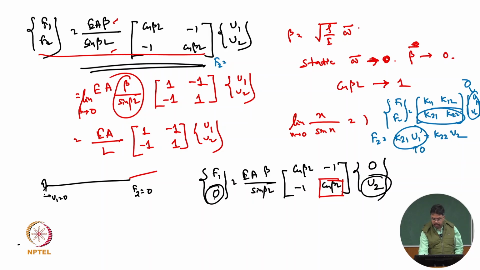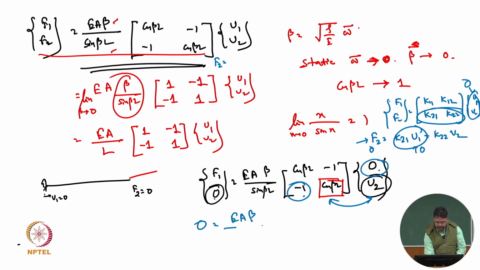Additionally, what do I know? F2 is also 0. So 0 is equal to minus 1 into 0 plus this into this. What ultimately is left is EA beta divided by sine beta L into cos beta L into U2, that is equal to 0.